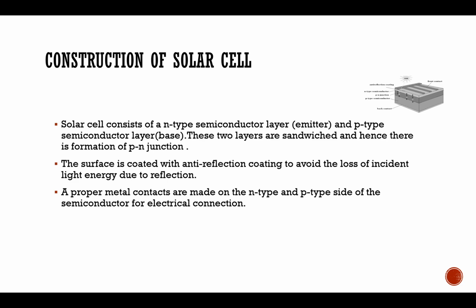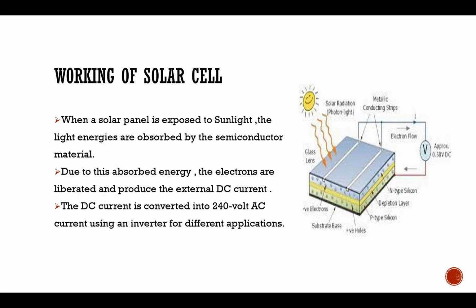The second layer, which is the base layer, is the P-type semiconductor, and both the layers are sandwiched, hence there is formation of a p-n junction between them. The surface is coated with anti-reflection coating to avoid the loss of incident light due to reflection. This is how the solar cell construction is made, and now we will see the working of solar cell.